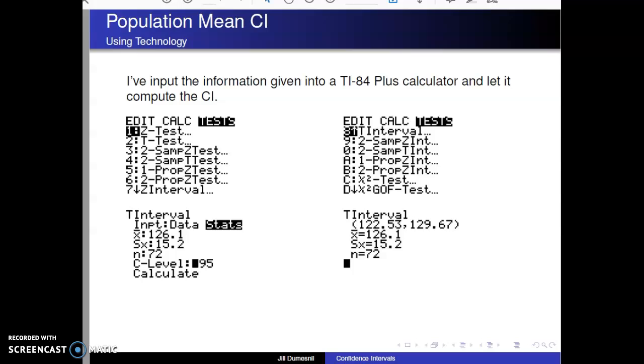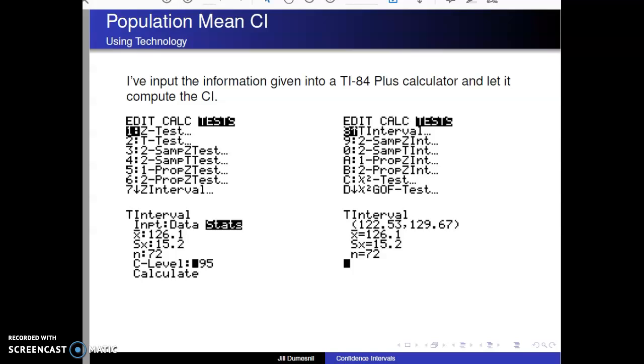Remember that in today's technological world, we usually use software for statistical computing. Using a TI-84 Plus calculator, we can compute a t-interval for the population mean. Under the test menu of the stat function, we select t-interval. The interval can be calculated using either sample data or sample statistics.